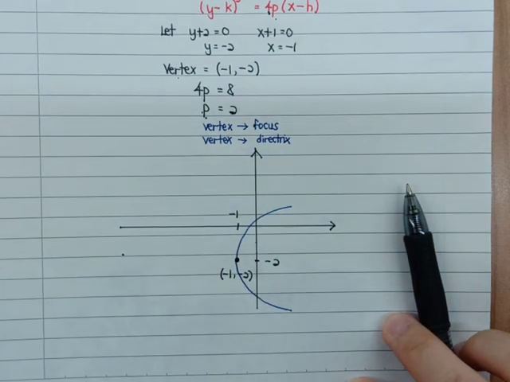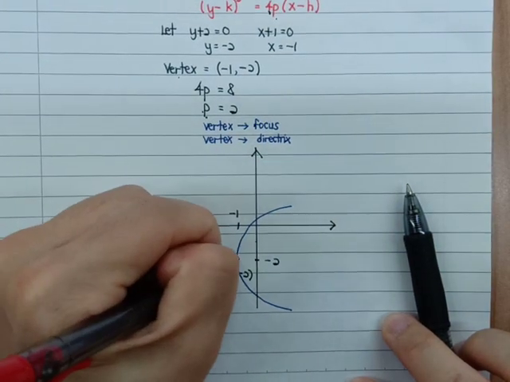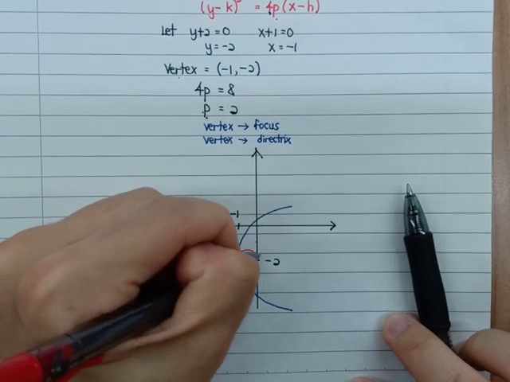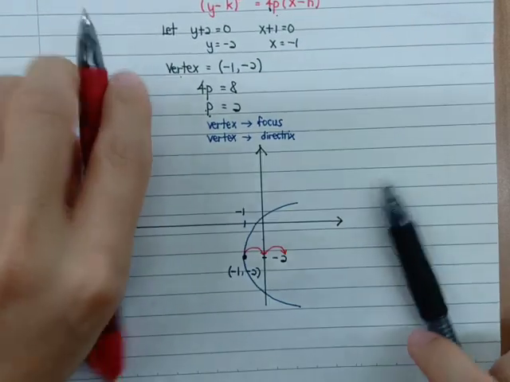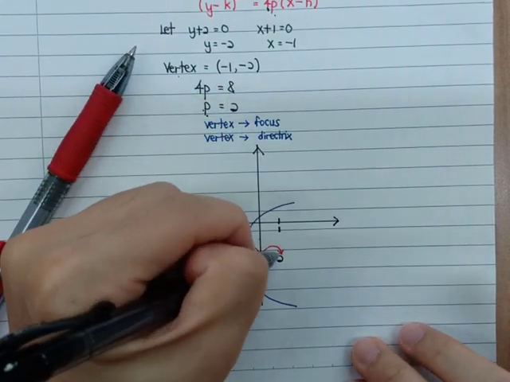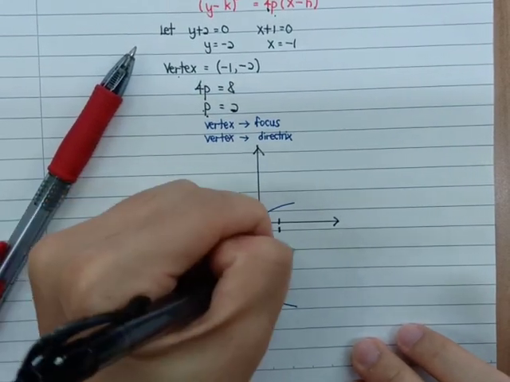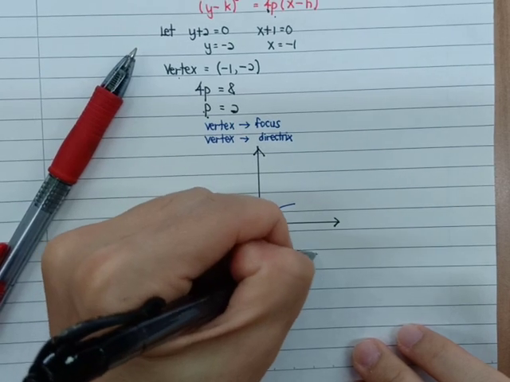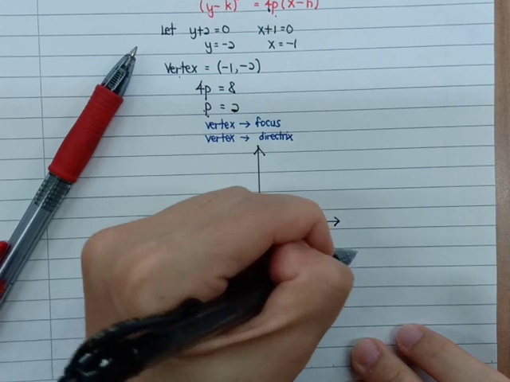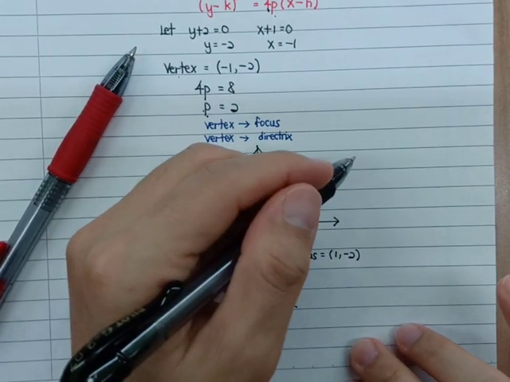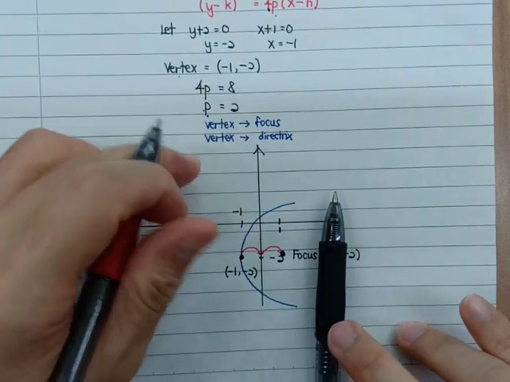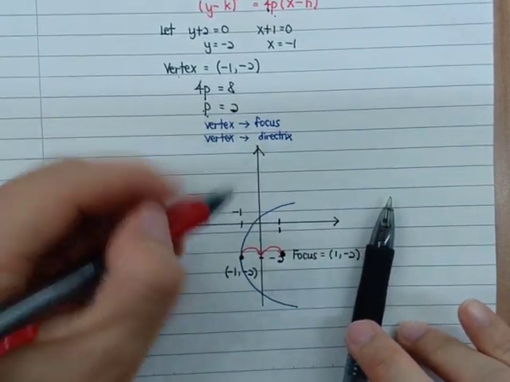Let's say I move inside the curve, 1 unit, 2 units. So from here, here is positive 1. So the coordinate of the focus will be positive 1 and negative 2. This is the coordinate for the focus. Inside the curve is the focus, outside the curve, directrix again is 2 units.